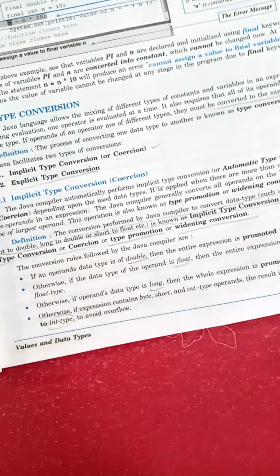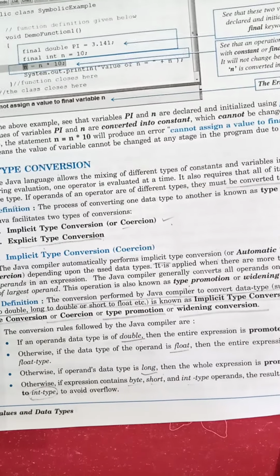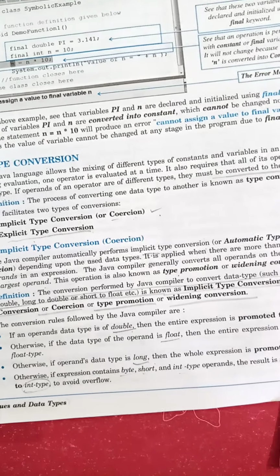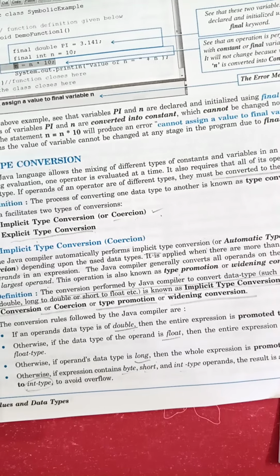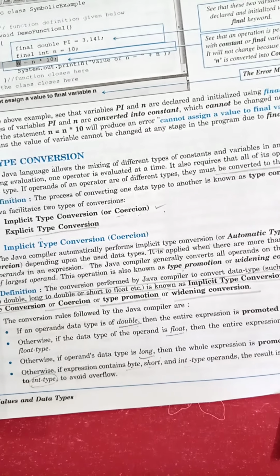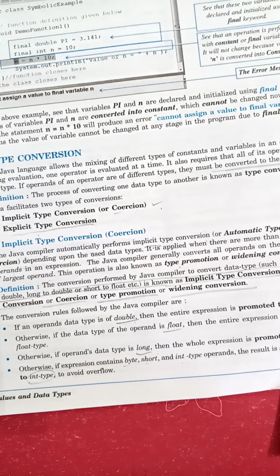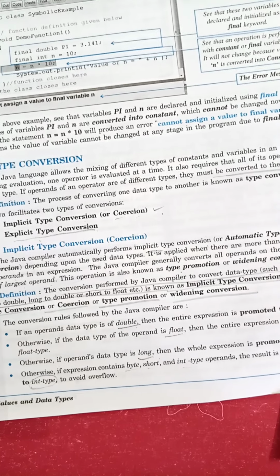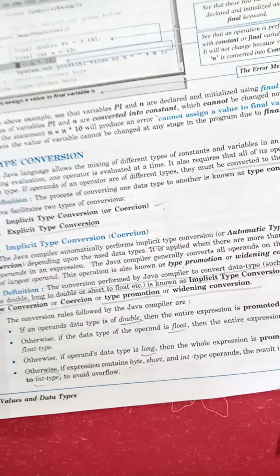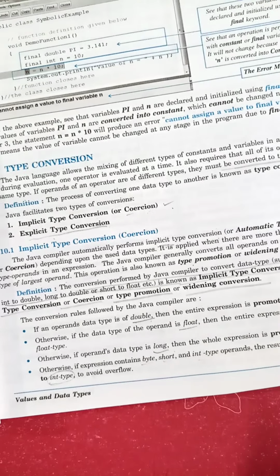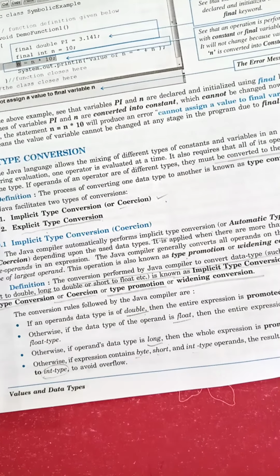Implicit type conversion is performed automatically by the Java compiler if you have mixed expressions, where the data types are not the same. If there are different types of data in an expression, then this type of conversion, coercion or implicit type conversion, will be performed by the Java compiler, so that the data types become the same. The compiler will convert all the operands to the largest data type.